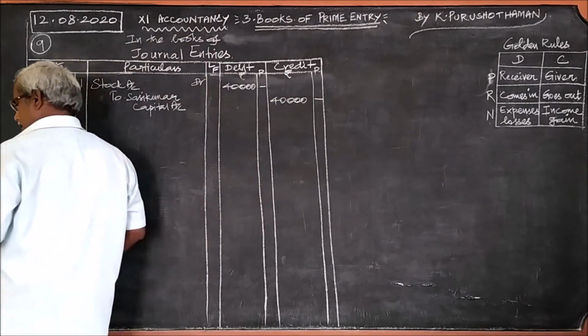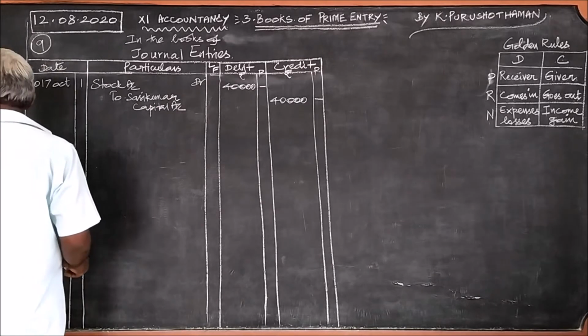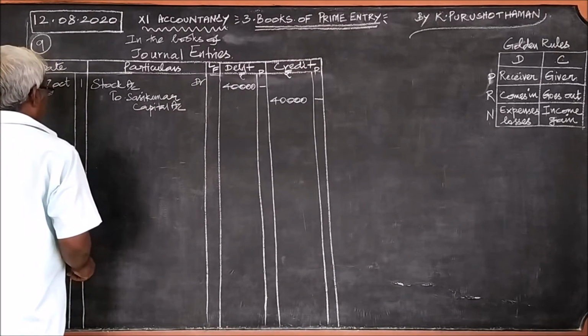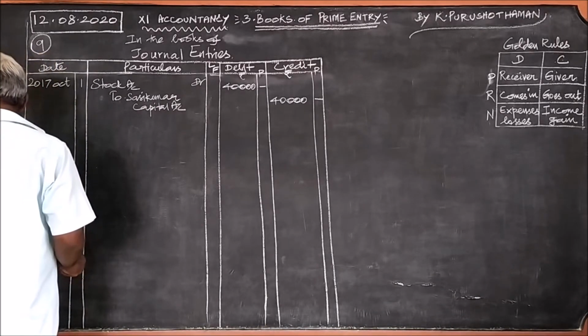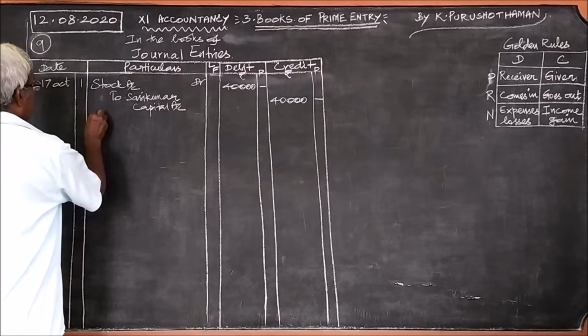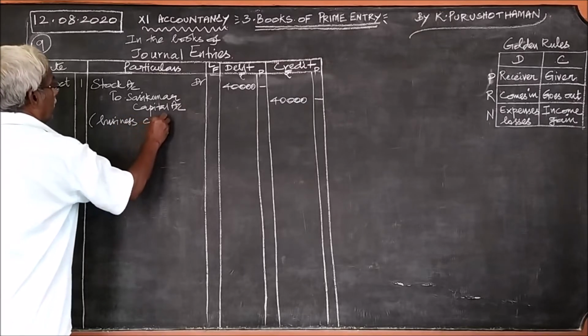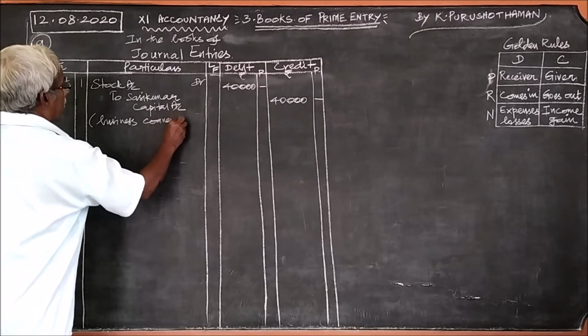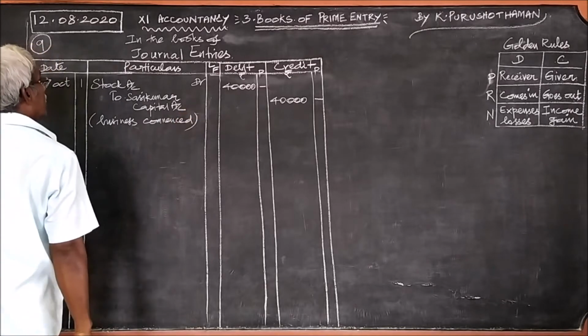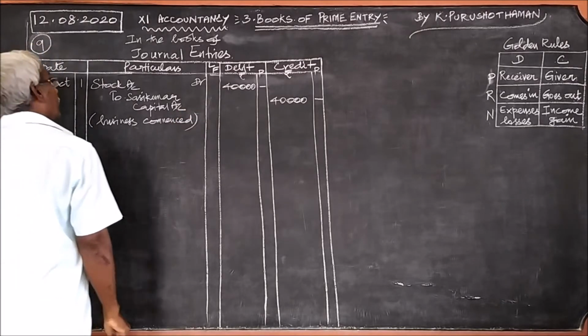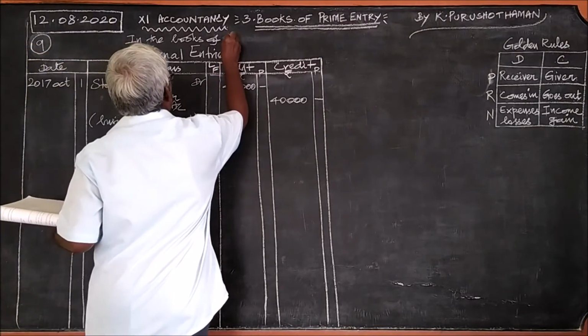Narration: if the term given in the problem is business started, or here business commenced, use the same term, business commenced, in the books of Sasi Kumar.